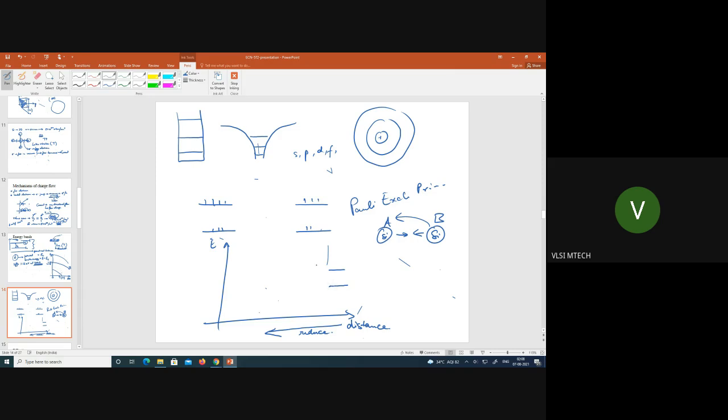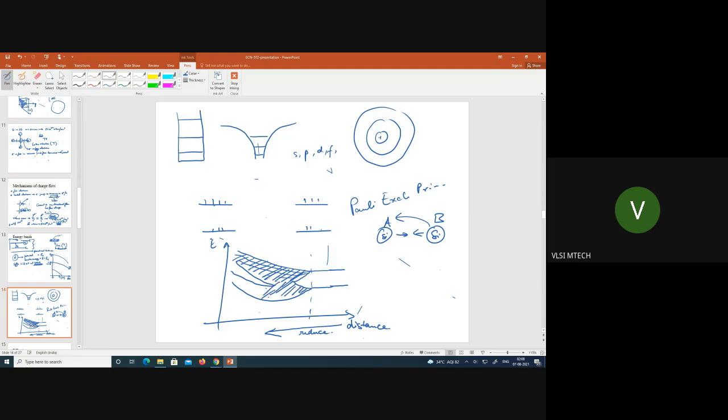So after a certain threshold, if you bring them closer, they will split like this. Something like this. So these are the energy bands. Okay, it will split into multiple bands like this. So instead of drawing all of that, I'm just shading where the electron bands are, where the electron can be.